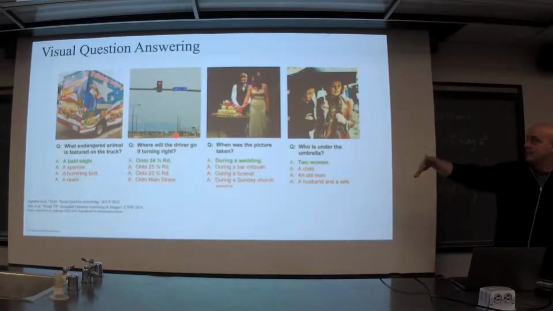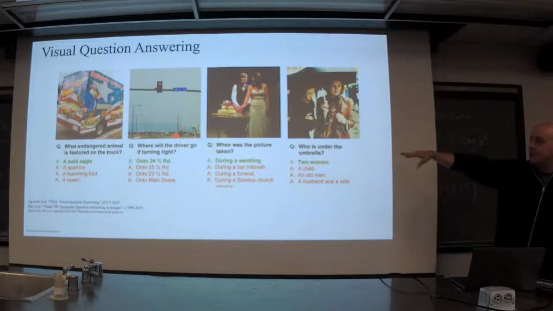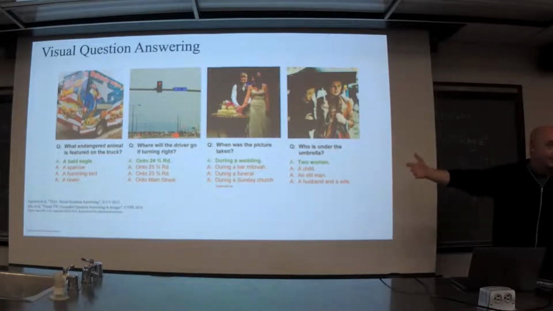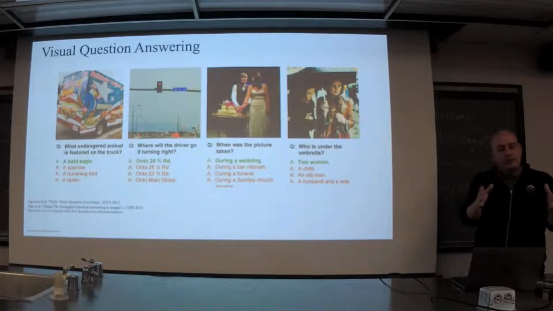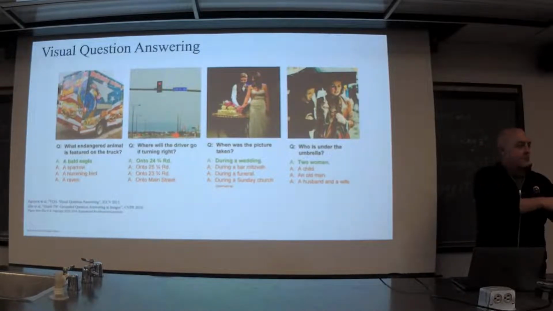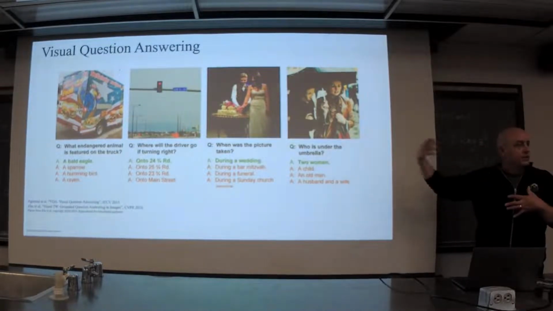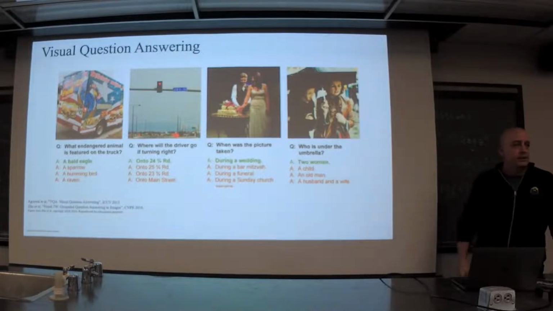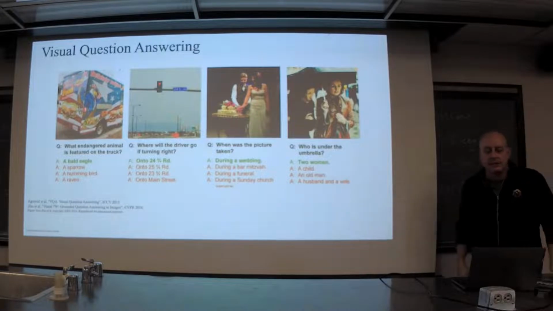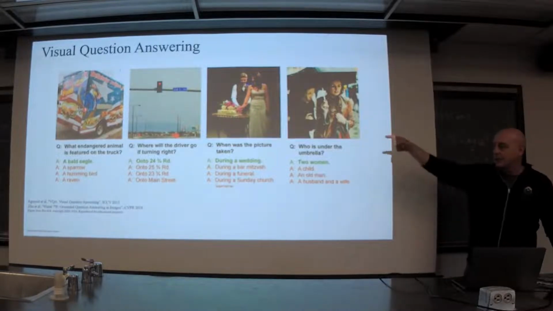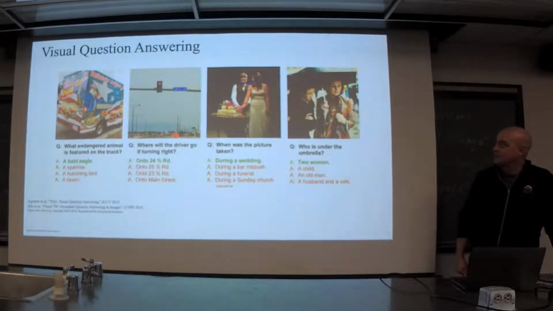Anyways, these kinds of problems can be approached in very similar ways, where you have a recurrent neural network that's conditioned on the image, and you train it to do whatever associated text-like task. In this case, answer the question being asked.